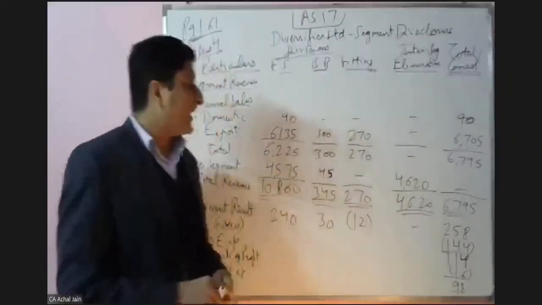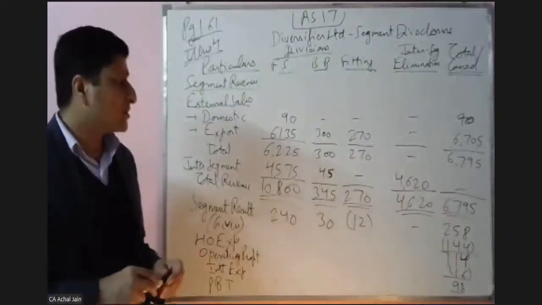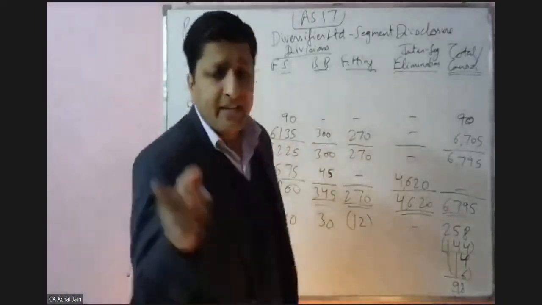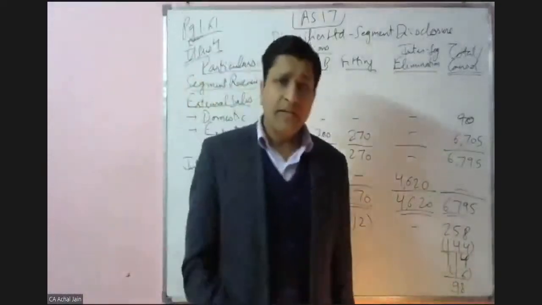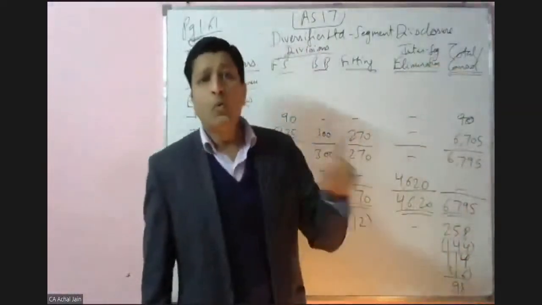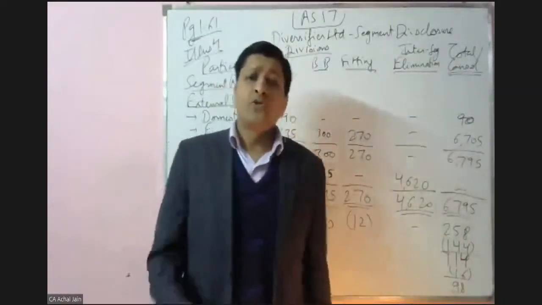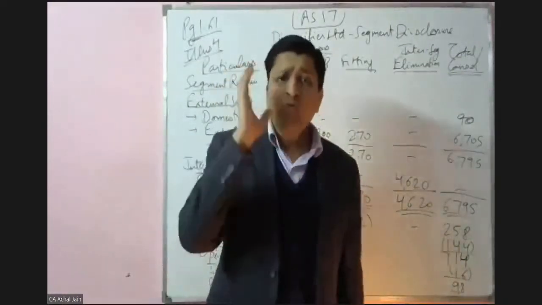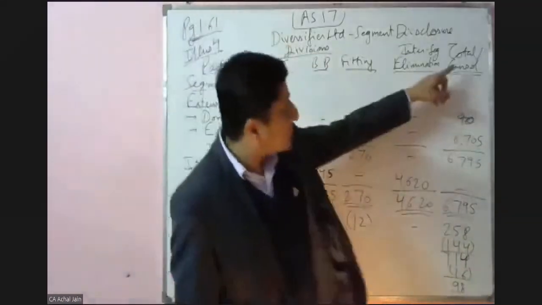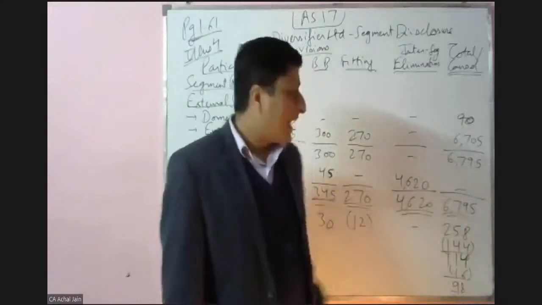Now, let's spend some time on this disclosure. In the financial statements of this company, when it will come to the P&L, only this column will be available. So if any investor, any user of the financial statements would review the information which is available over here, what will he understand?